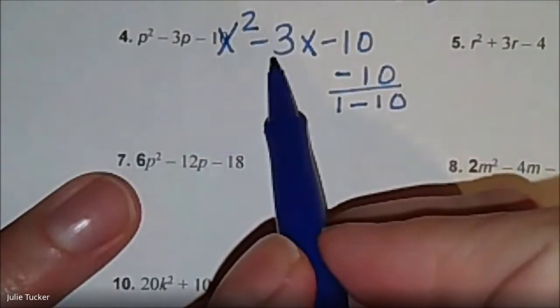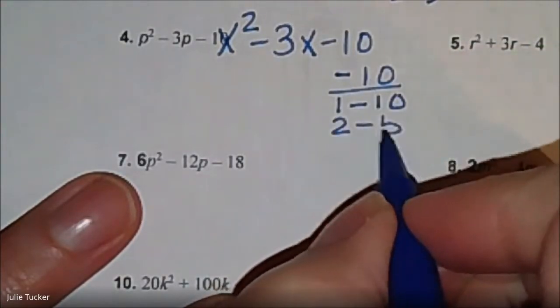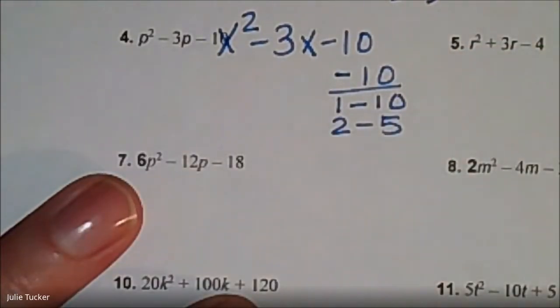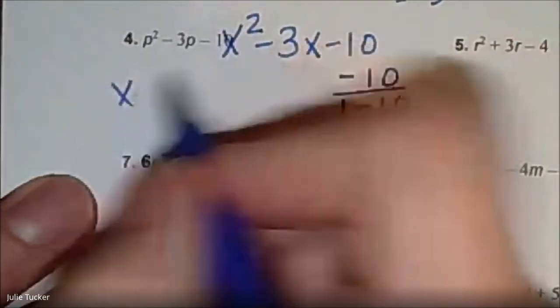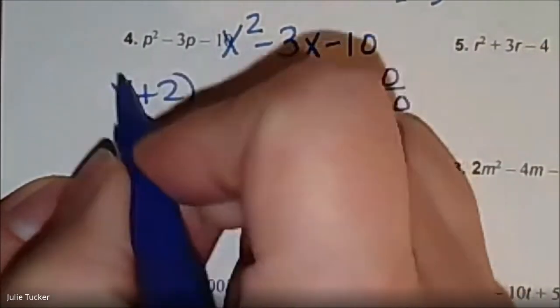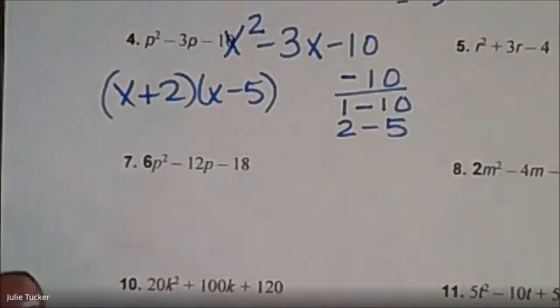So that's not it because this is a 3. Then 2 minus 5 is -3. Yep. So then this is the right thing. So it's x plus 2, x minus 5. And that's it. Pretty easy, right?